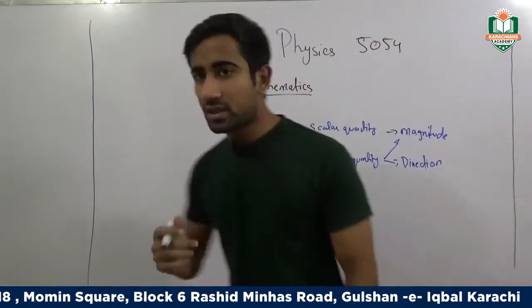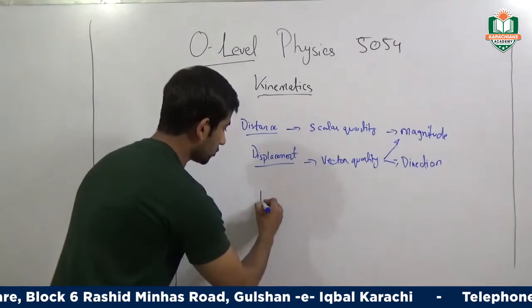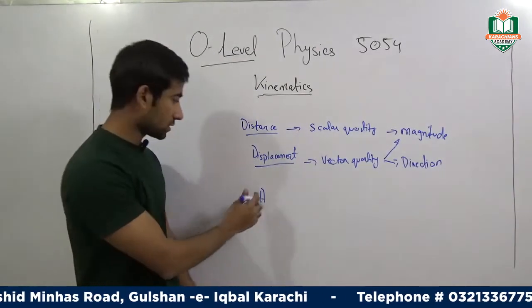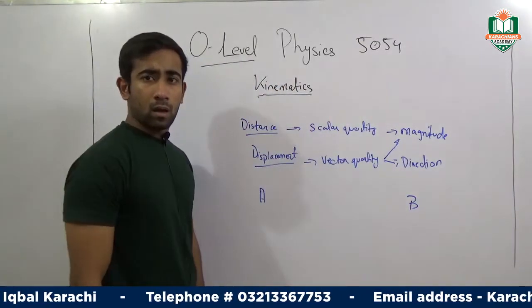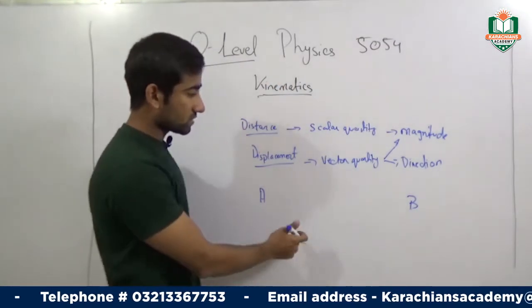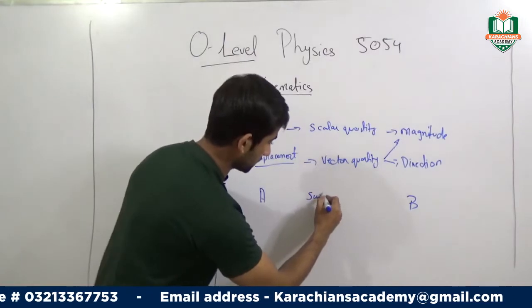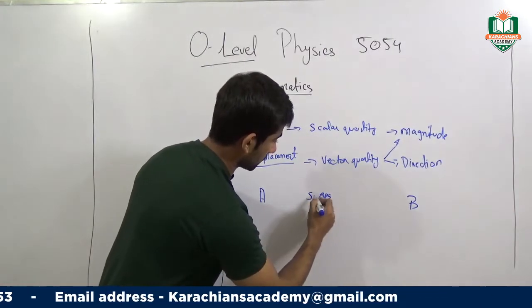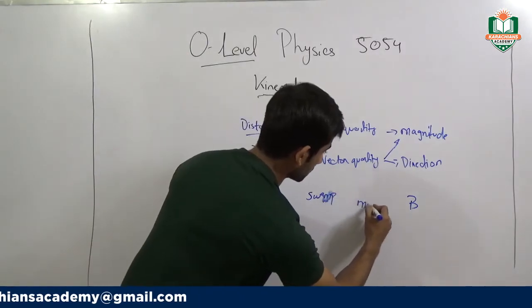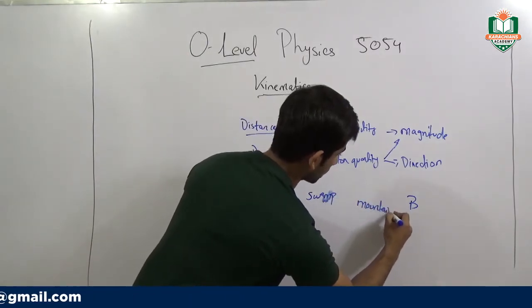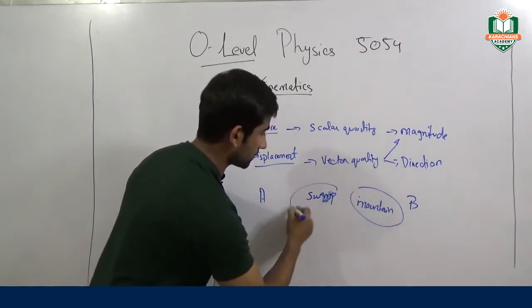Okay, so what is distance? Distance is the length between 2 points. Let's say we have a town A and a town B, and we want to know the distance. Let's say there are swamps and mountains.